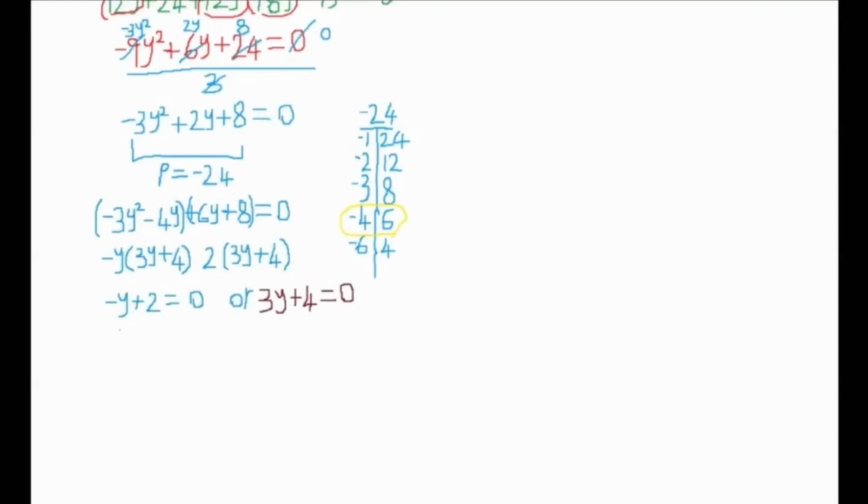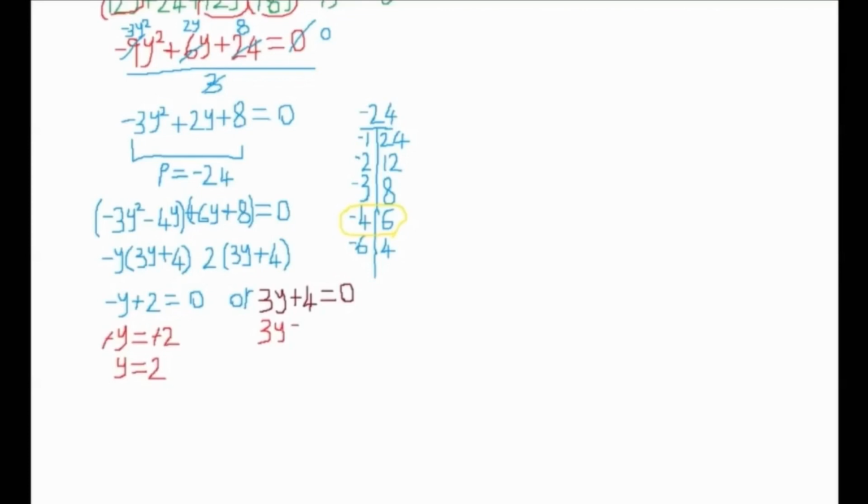Now let's find the value of y. So the 2 will go to the other side, and it will be negative 2. And when you divide negative by negative, it will be positive. So y is equal to 2, and the other one, which is 3y plus 4 is equal to 0.